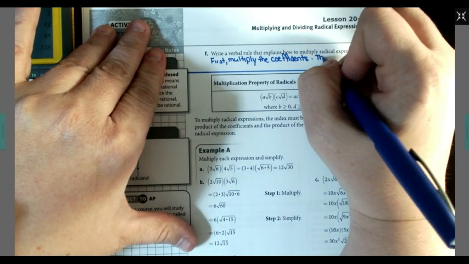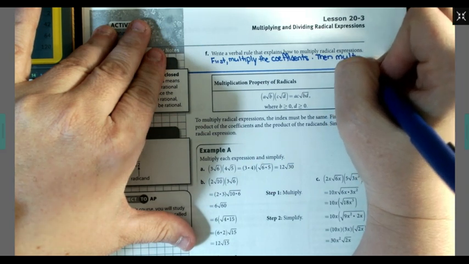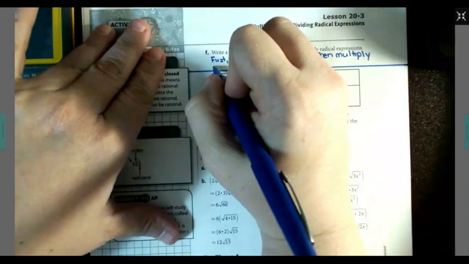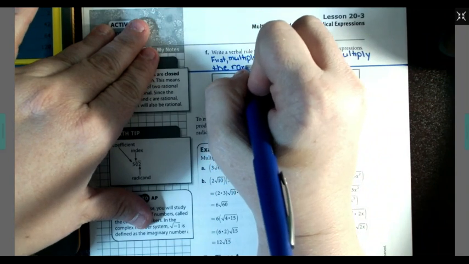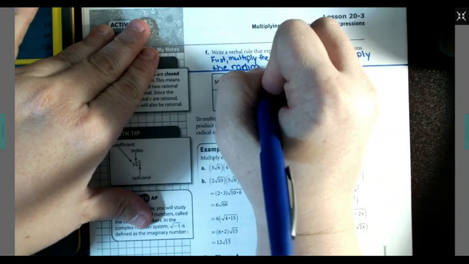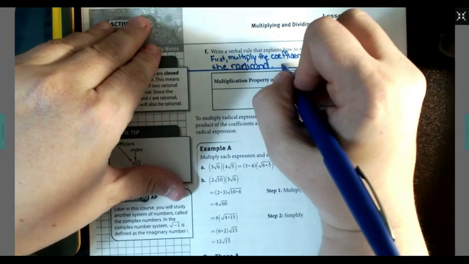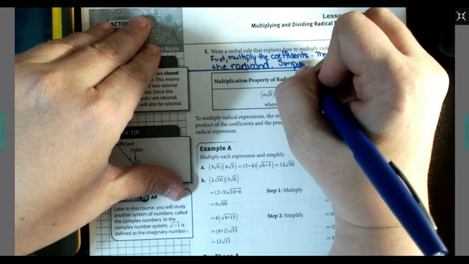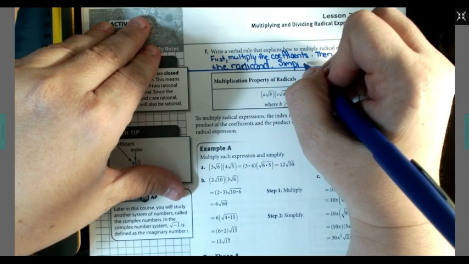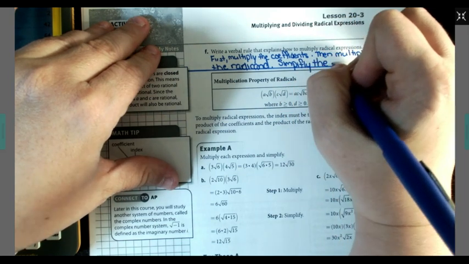Then multiply the radicand, which is the number underneath. And simplify the results.